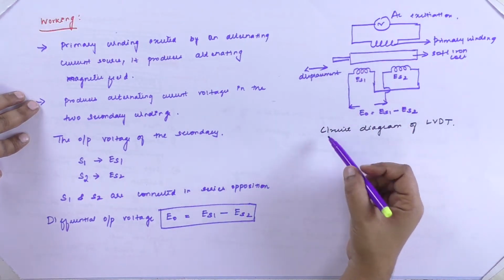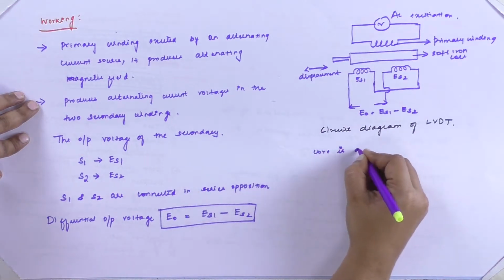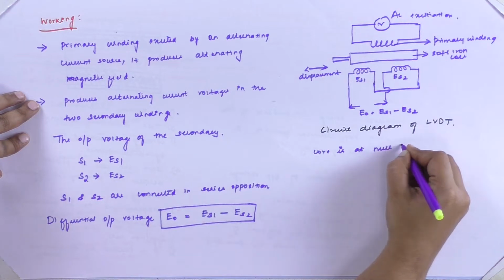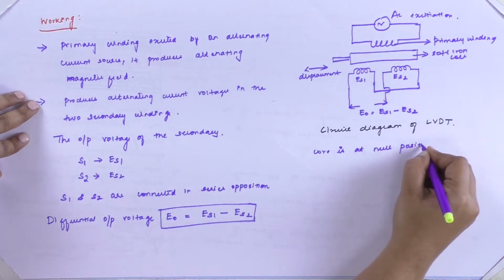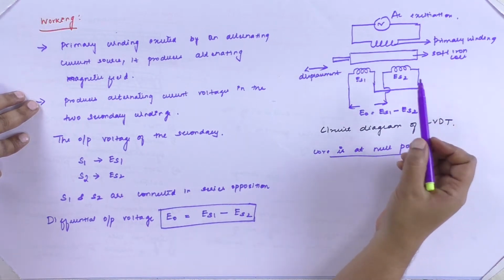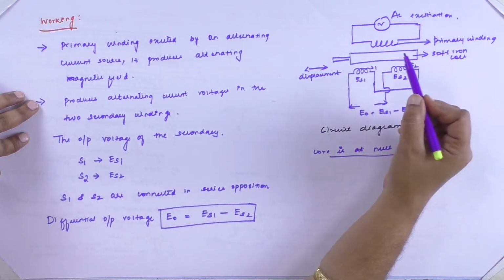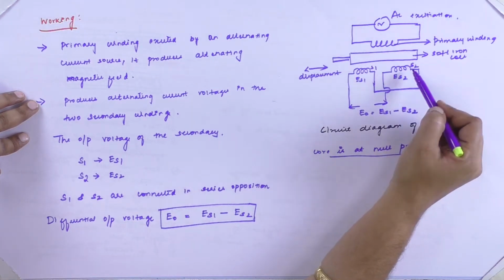Now let us consider the soft iron core is at the null position. When the core is at the null position, the flux produced in the primary which links with the secondary windings S1 and S2 will be equal.